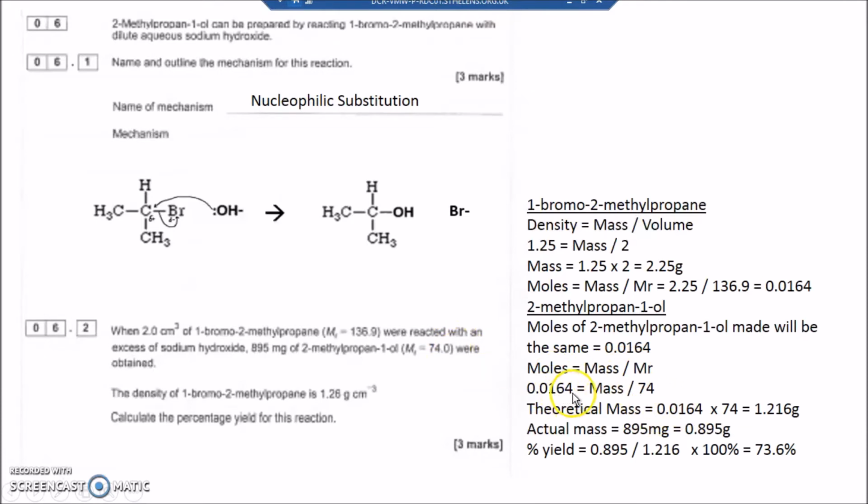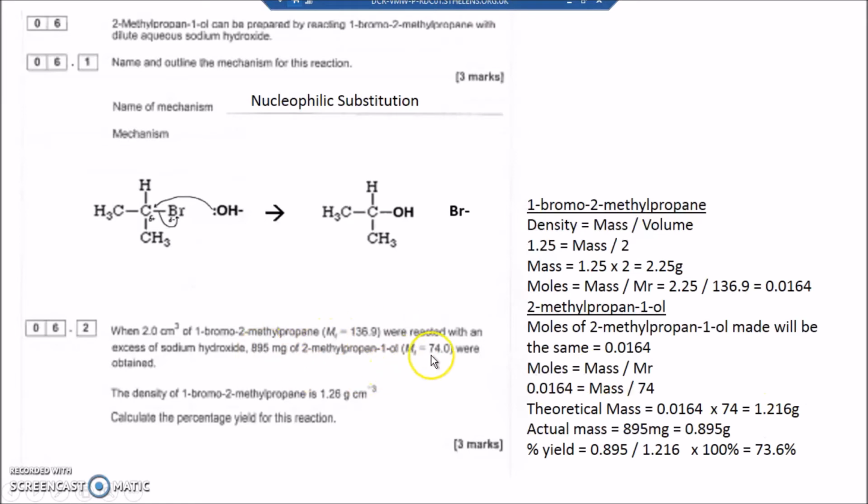Moles 0.0164 equals mass divided by 74. Multiplied by 74, I should make 1.216 grams of my 2-methyl propan-1-ol. That's how much I should make. I've not used any experimental data yet. This is theoretical, just from maths and chemistry. That's how much I should make.